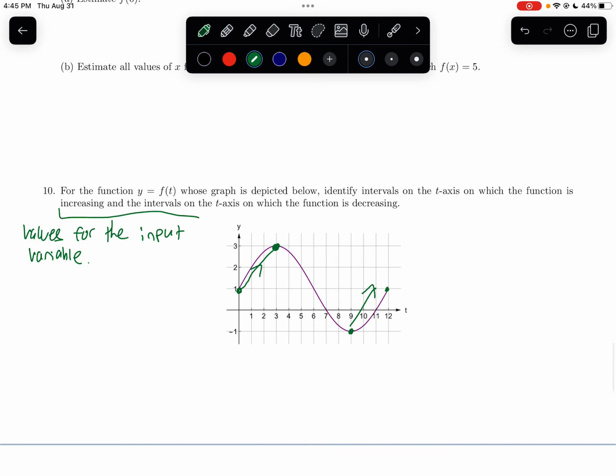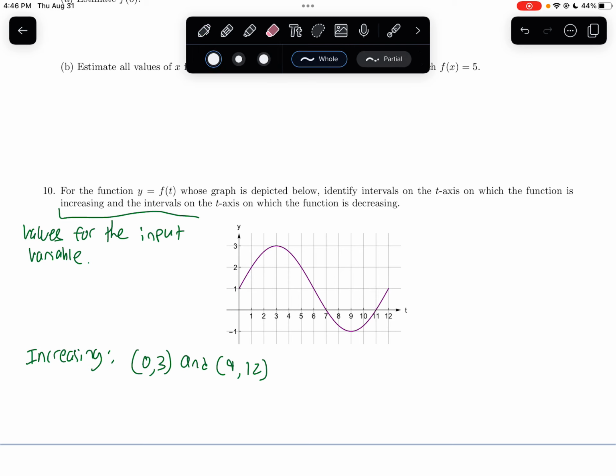Because it's increasing in both of those areas, the intervals would be from 0 to 3, and 9 to 12. So remember, these are not points. They're intervals, so they're values for the input variable.